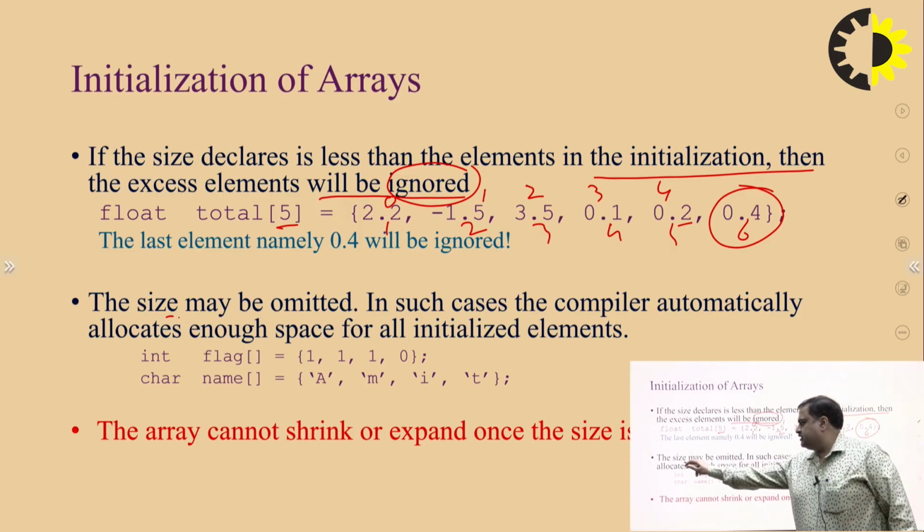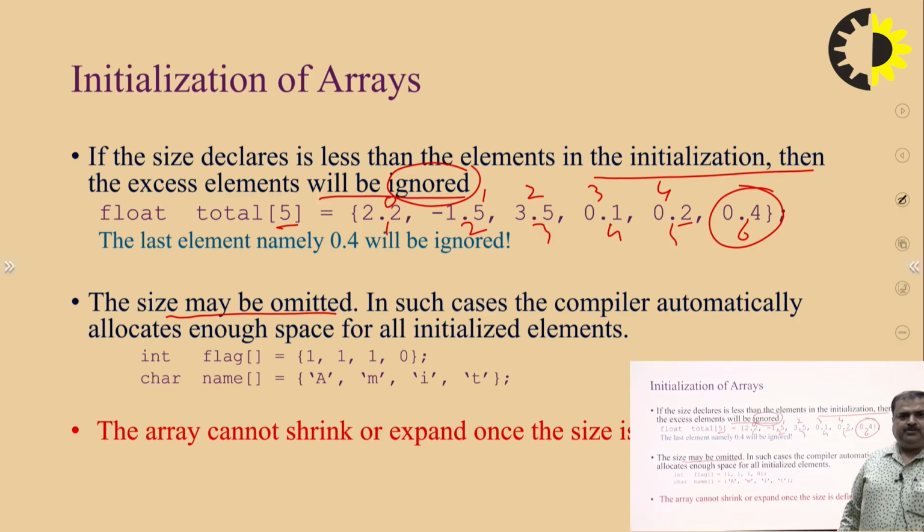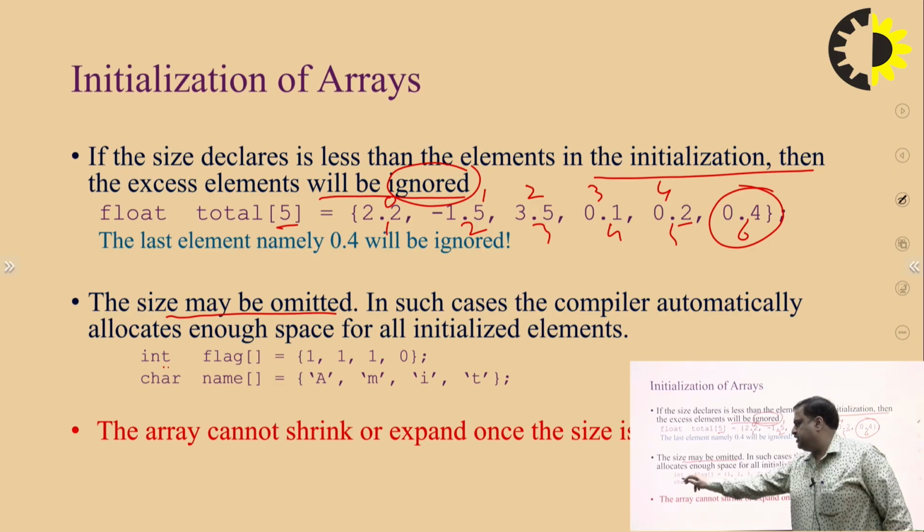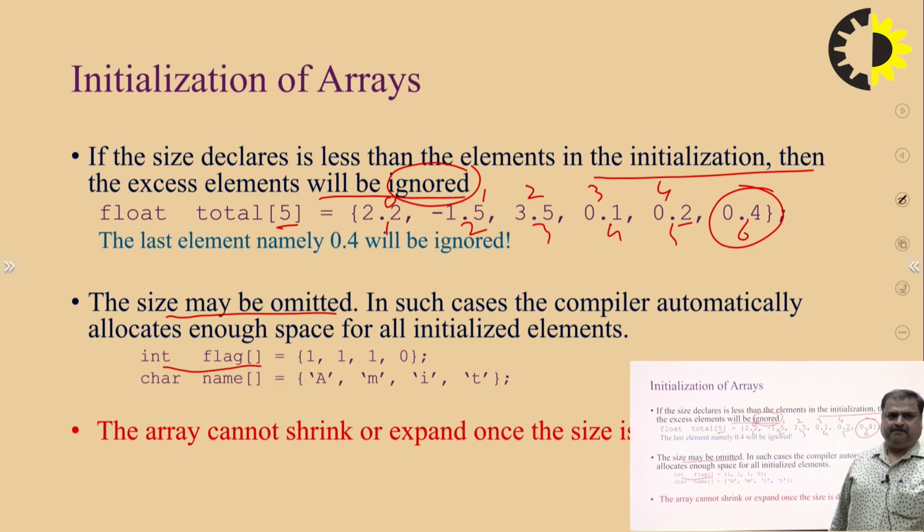If the size of the array is omitted during initialization, the compiler will automatically allocate enough space to hold the supplied elements. Like in this example, we have taken an int flag array and have not given any size. We have supplied some values that we want to use in this array.